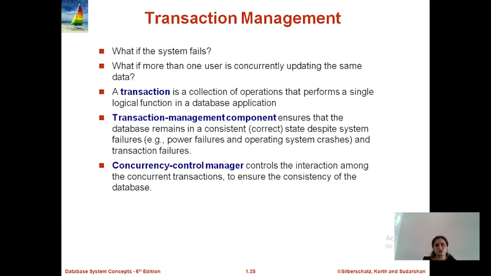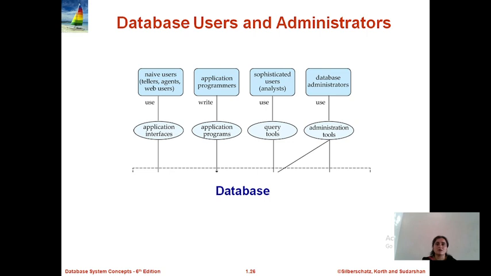The concurrency control manager controls the interaction among concurrent transactions to ensure the consistency of the database. There is the architecture for users and administrators. It consists of naive users, application programmers, sophisticated users, and the database administrator. These interact with application interfaces, application programs, query tools, and administration tools.